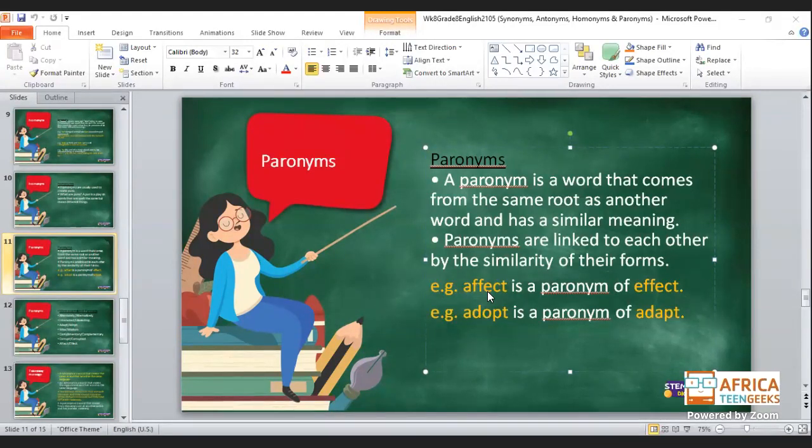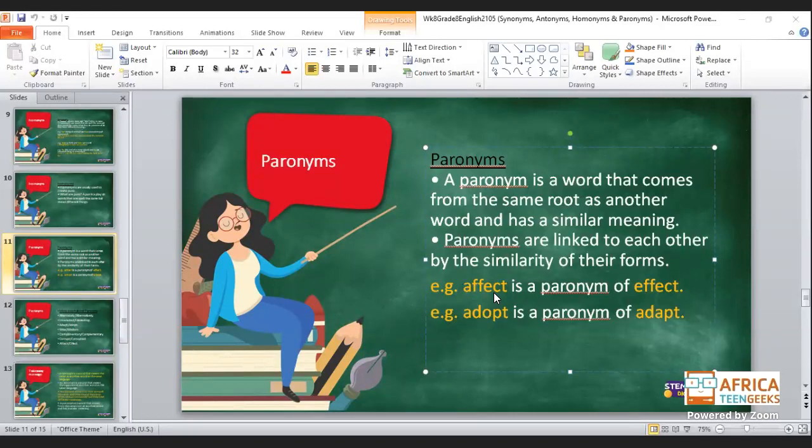I said affect is a paronym of effect, right? Why? You will realize that they really come from the same root, and even their meaning is similar. What is the meaning of affect?